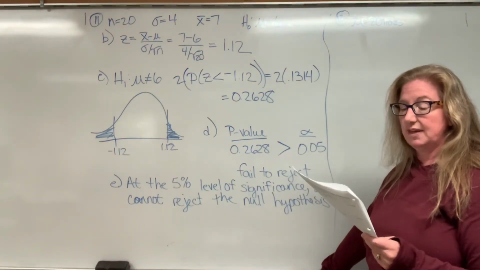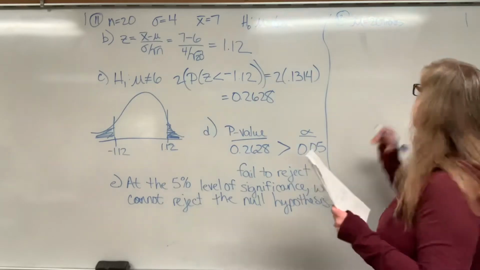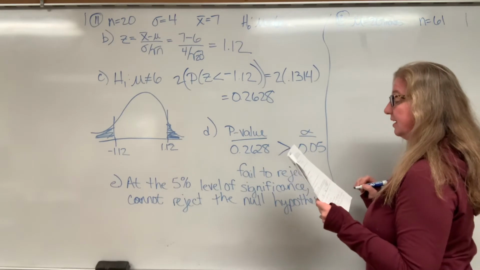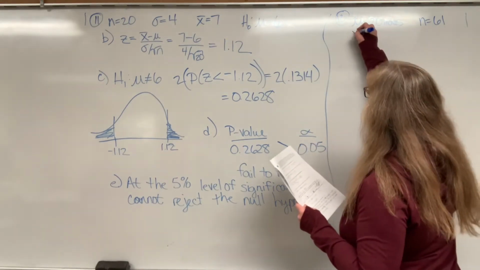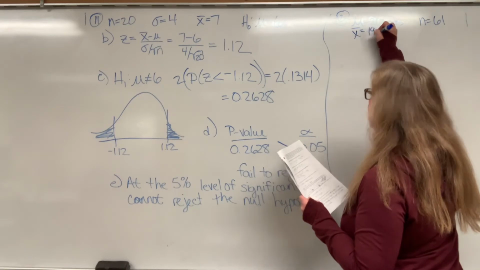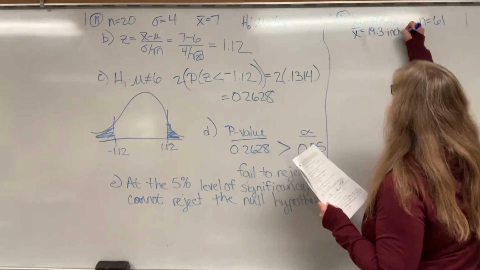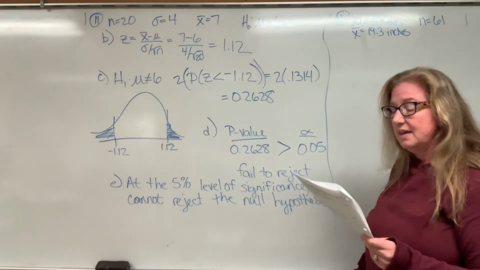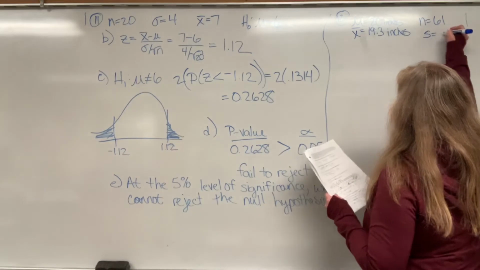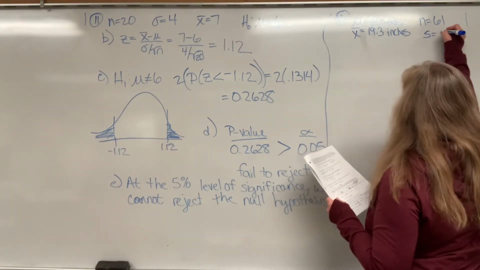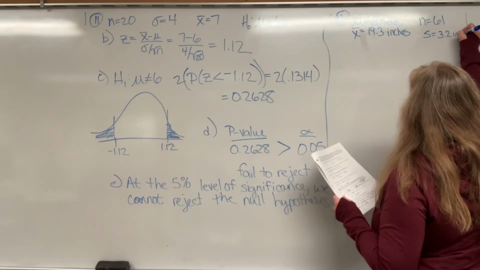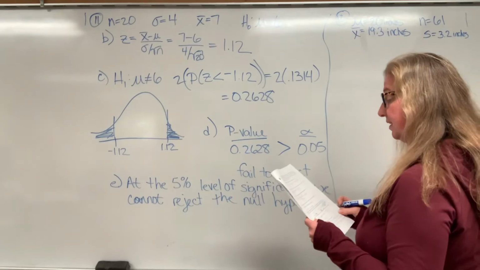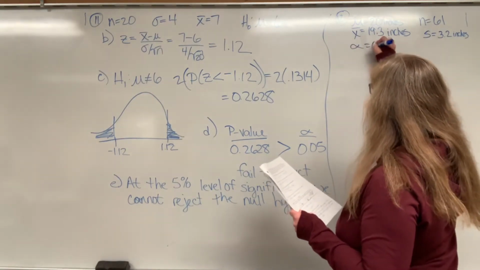However, the Creel survey reported that a random sample of 61 fish, so n equals 61, caught, the mean length was X bar equals 19.3 inches. So they're saying, really, it's not 20, it's a little smaller than that, right? We actually did a survey, and the sample standard deviation is 3.2 inches. So that's S. So I know I'm going to use t-scores on this one. And alpha is equal to 0.01, okay?